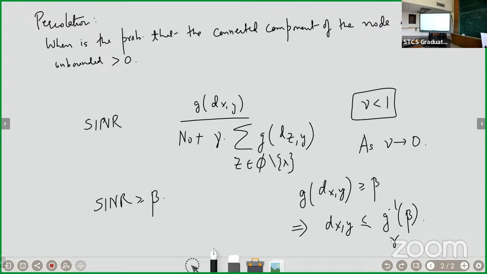Now what is the obvious expectation? Now it will depend on gamma. So what do you expect to happen?